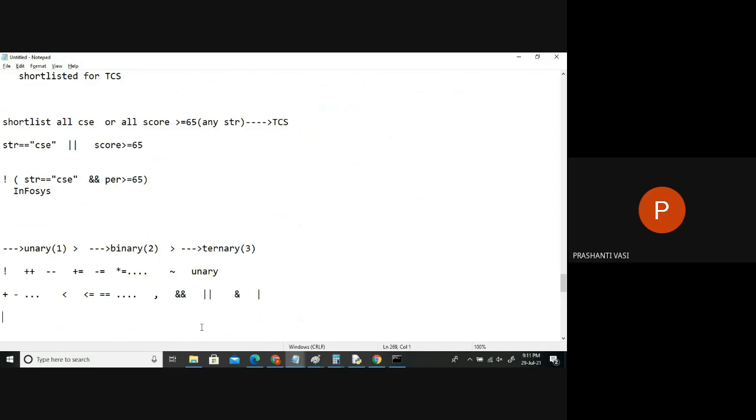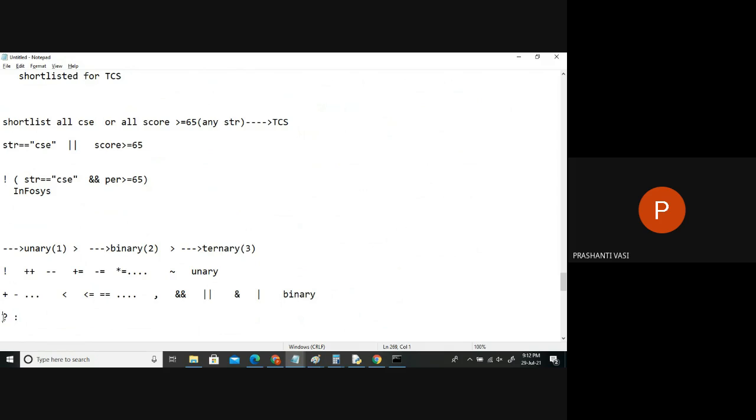The third one is the ternary operator. The ternary operator has only one. In ternary, we talk about an expression, some condition, something like A is less than B, a question mark, and we give two values, either A value or B value. So the symbol for the ternary operator is the question mark, followed by two expressions separated by the colon symbol.